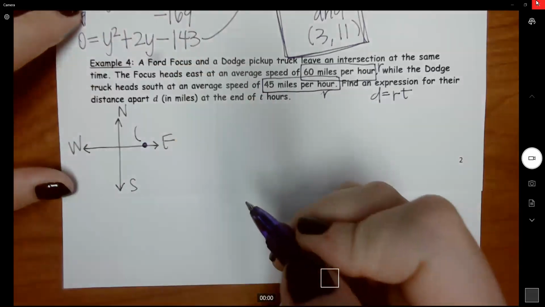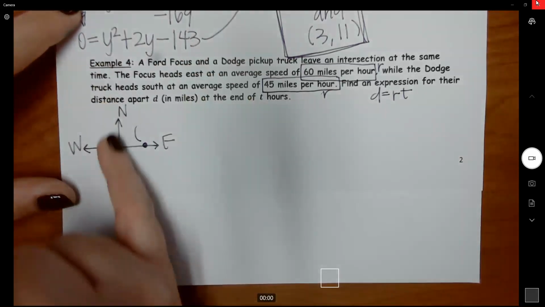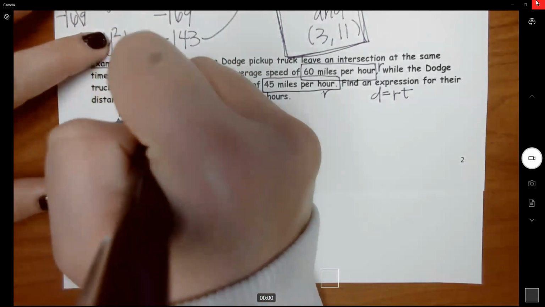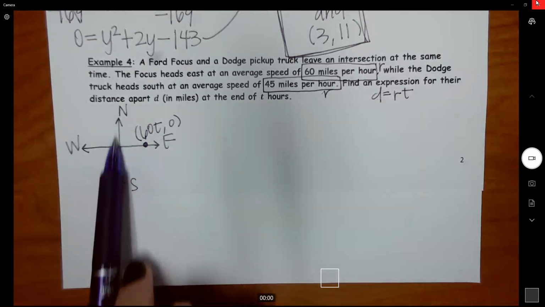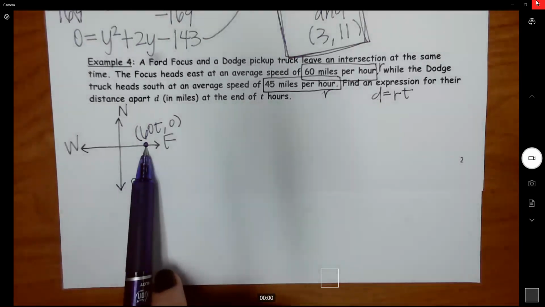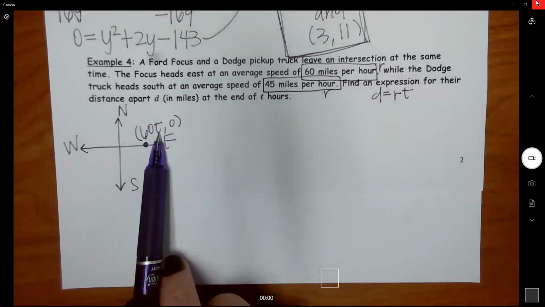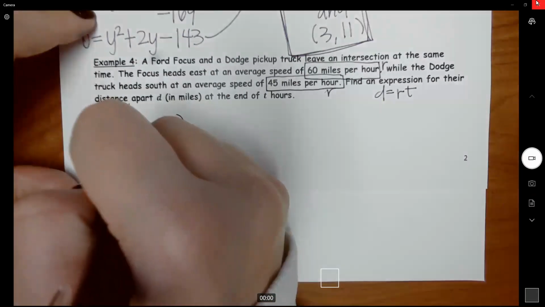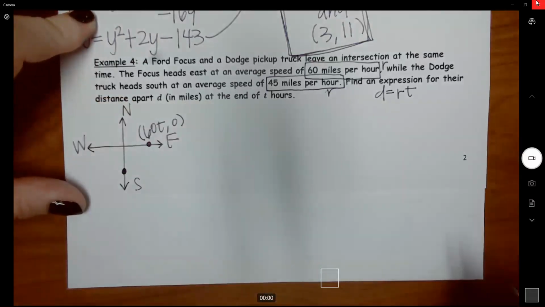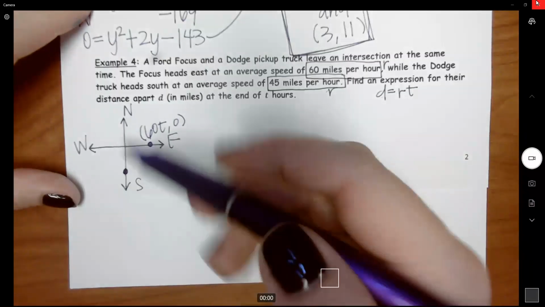If I'm writing this as an ordered pair, this is moving along my x, but 0 along my y. So this is (60t, 0). 0 because it's moving up or down 0, but it's going positive 60 times whatever time we're going. While the Dodge truck heads south at an average of 45 miles per hour, this time my x is 0.